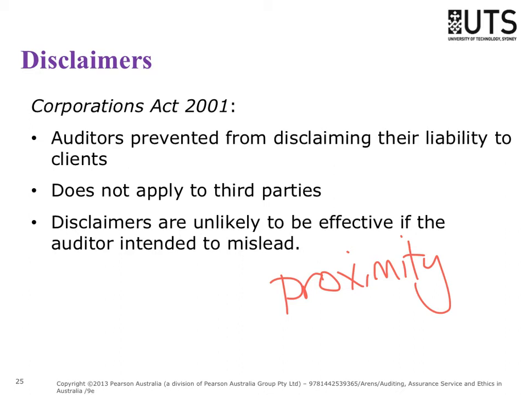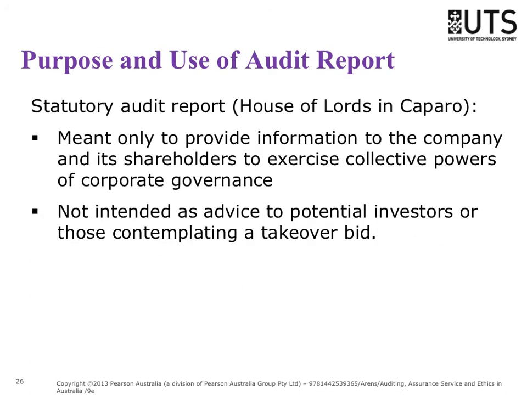If a third party is going to sue you, they have to do it under the tort of negligence, so proximity is the key. Now, the audit report is going mostly to the shareholders, not to any one specific shareholder, but to the body of shareholders, and it's about historical information, all right?